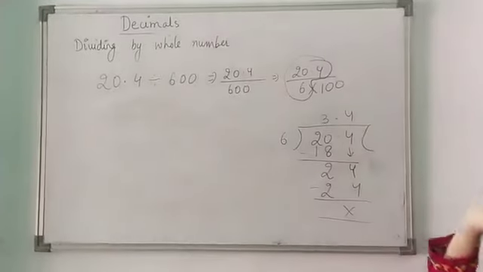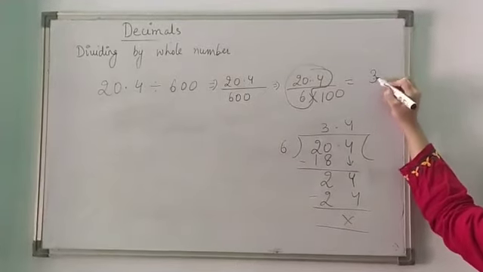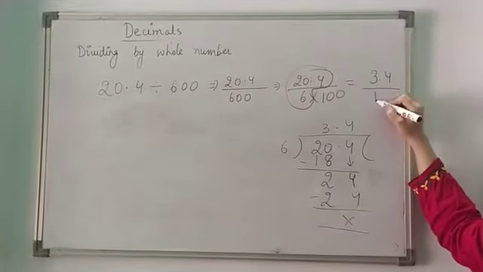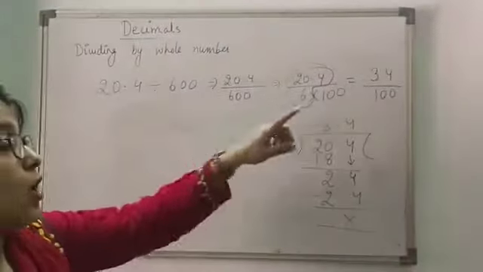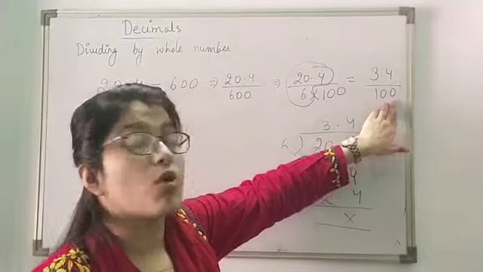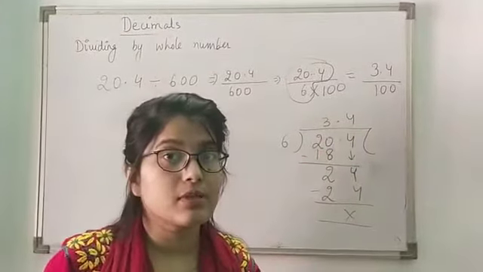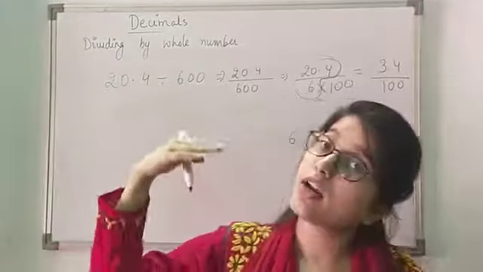We will get 3.4. So when you divide these two, you will get 3.4 upon 100. Now remember the rule. How many zeros are there? 2 zeros are there. If 2 zeros are there, how many places do you have to shift the decimal? 2 places you have to shift the decimal, and that too towards your left hand side.